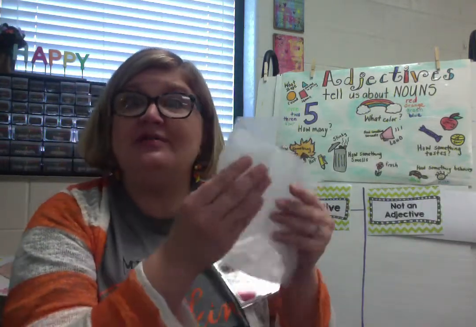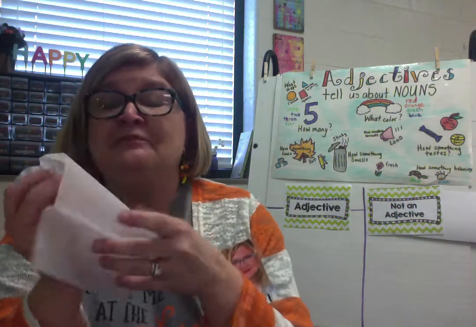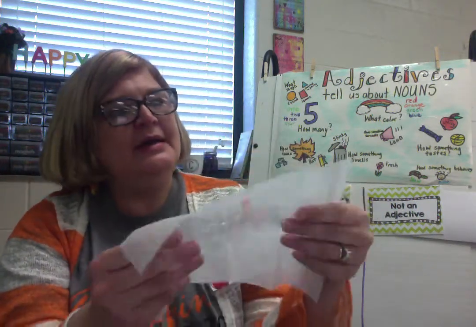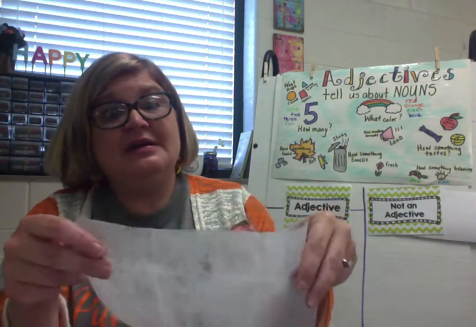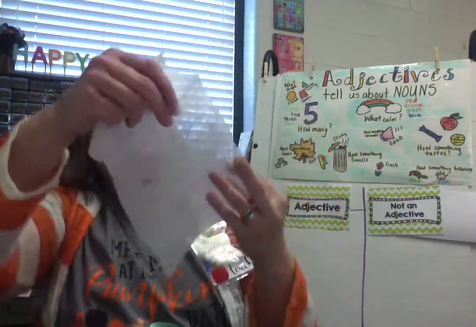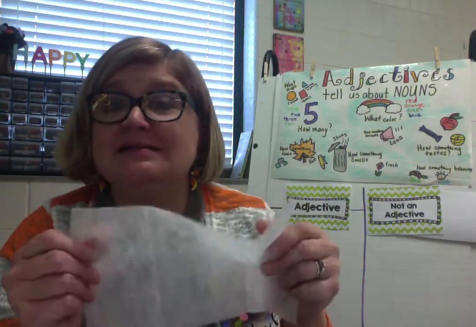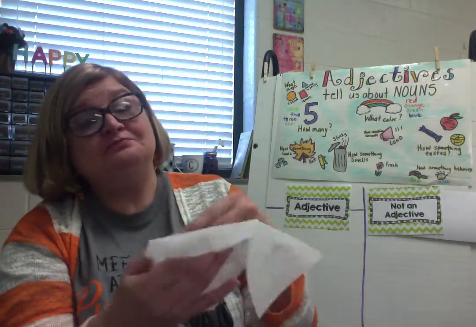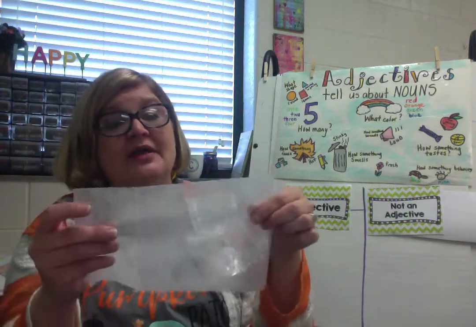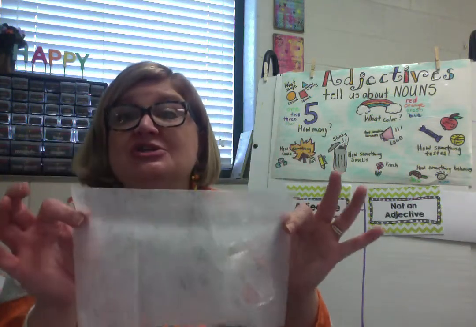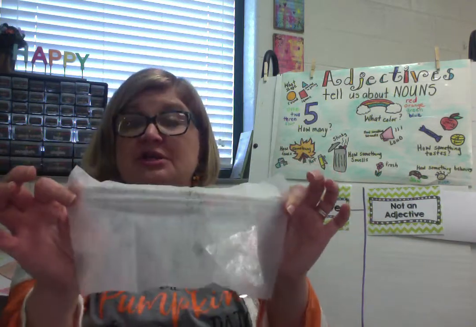They're soft. That would be an adjective. I'm describing this dryer sheet. It smells good. It's so fragrant, okay? I can see through it, okay? All these things I can tell you about this dryer sheet using all of my senses, okay? So I know that I can use adjectives to describe this dryer sheet, okay?